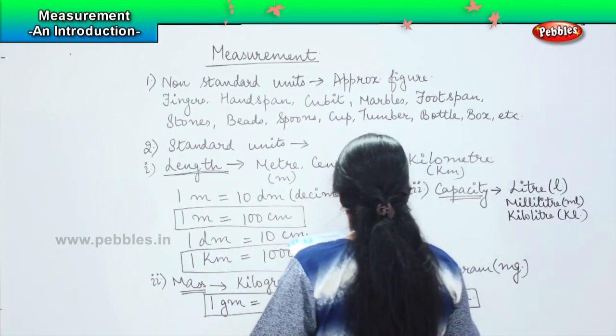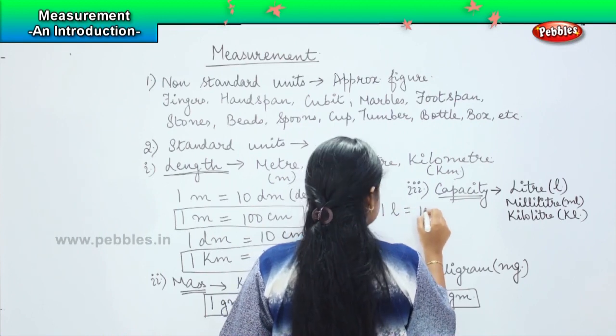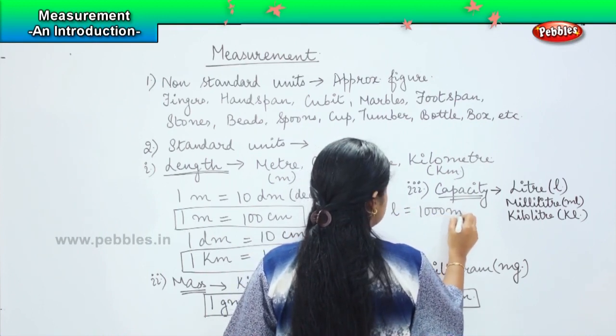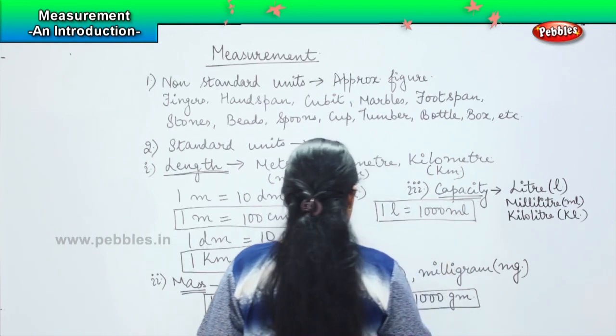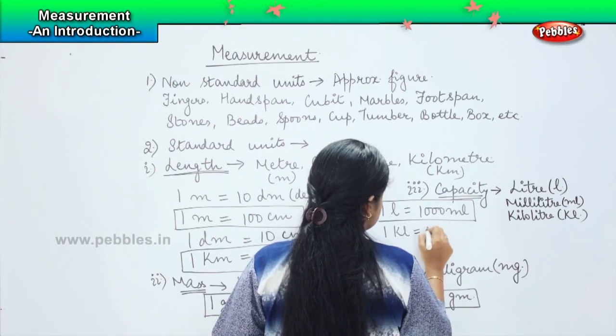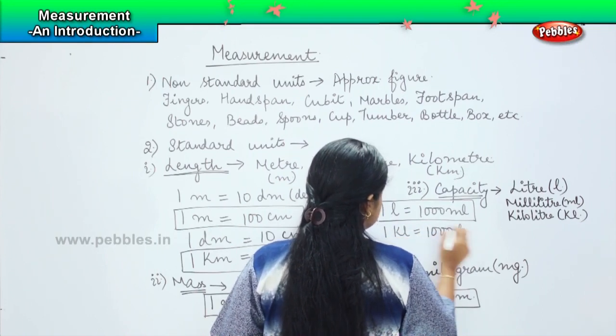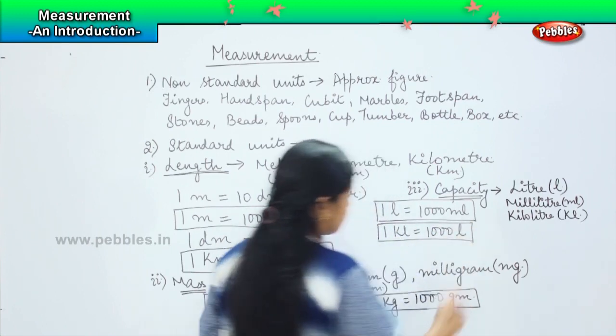Okay. And the unit of measurement is 1 liter is equal to 1000 milliliter. This is your first table of unit. And the second one is 1 kiloliter is equal to 1000 liter. This is your second unit of measurement.